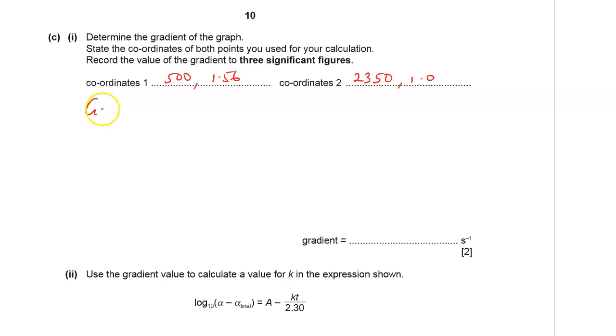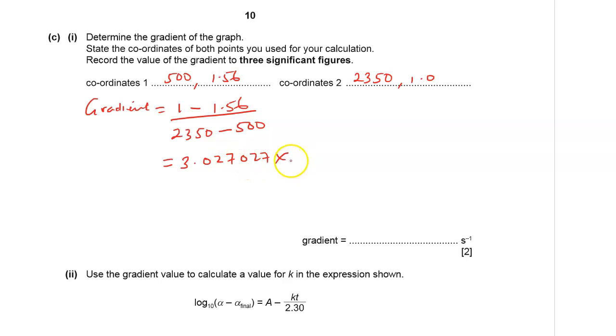So gradient is equal to 1 minus 1.56 divided by 2350 minus 5. This should give you approximately 3.027027 times 10 to the power minus 4.